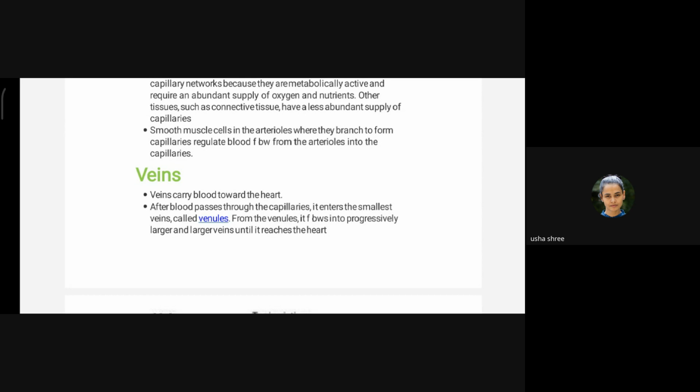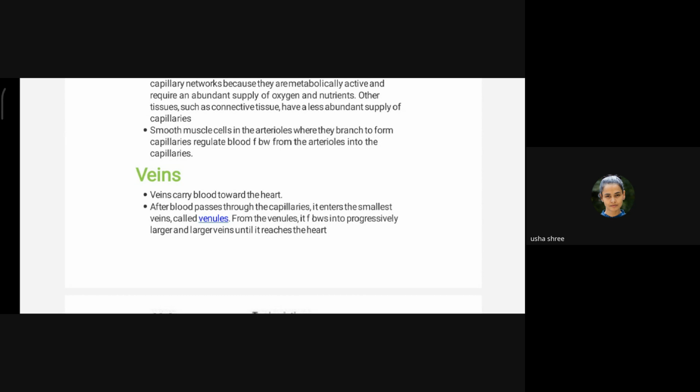And the veins of the rest of the body contain deoxygenated blood, because deoxygenated blood is reaching the heart from the rest of the body by veins. So veins are the blood vessels which carry blood towards the heart.